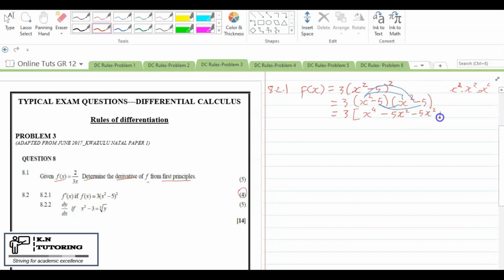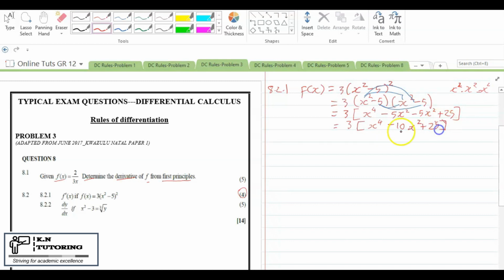Negative times negative is positive. 5 times 5 is 25. Now I'm going to simplify inside the bracket again. 3 into x to the power 4 minus x squared and minus 5x squared are like terms. So minus 10x squared plus 25.